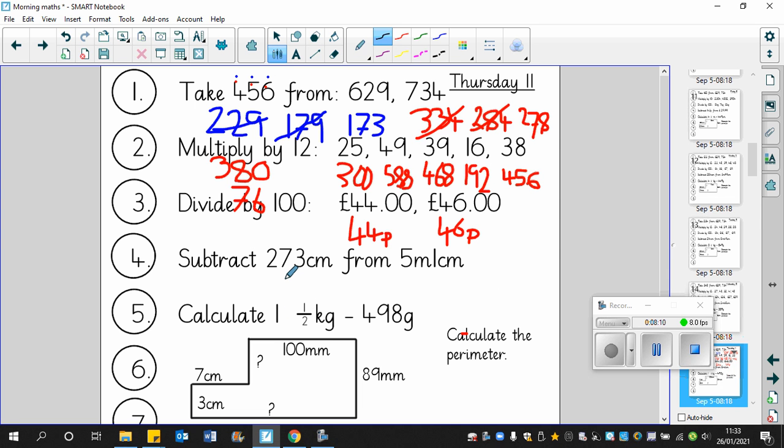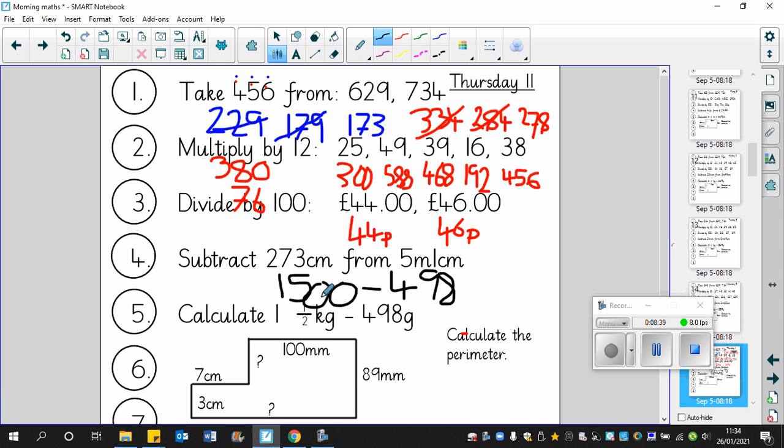1.5 kilograms. So we're talking about 1,500 grams. 1,500 take away 498. Now I haven't done this as subtraction with decomposition, with exchanging, because 498, as you can see, is very nearly 500.